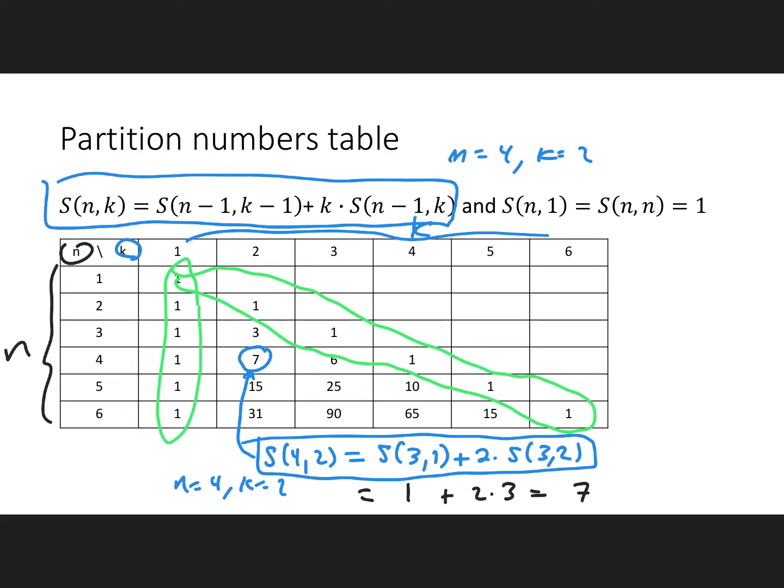If you're only doing a partition into one part, then there's only going to be one way to do that, which is everybody is in the one group. Similarly, if you say I have n people and I want to form n groups, there's only one way to do that. Everybody has to be their own group. So at those extremes, where you only have one part, or you have the number of parts equals the number of people, in either of those cases, the number of ways to do that should be 1.